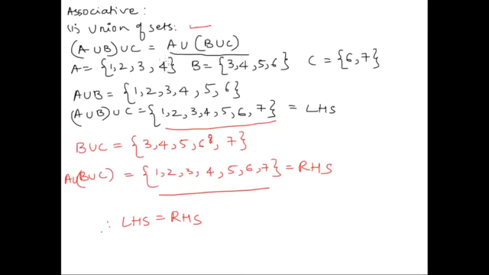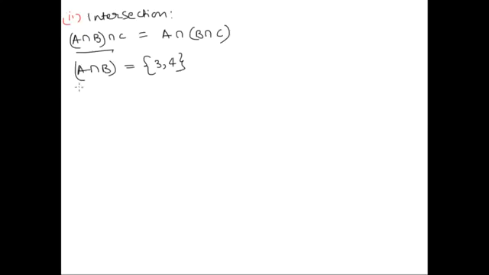Now let's see the intersection of sets, if it still follows the same thing. The rule is (A intersection B) intersection C is equal to A intersection (B intersection C). So let's first do A intersection B. A intersection B is {3, 4}, just the common elements. And now we do intersection of this with C. We see that there are no common elements, right? So it's a null set, which can also be written this way.